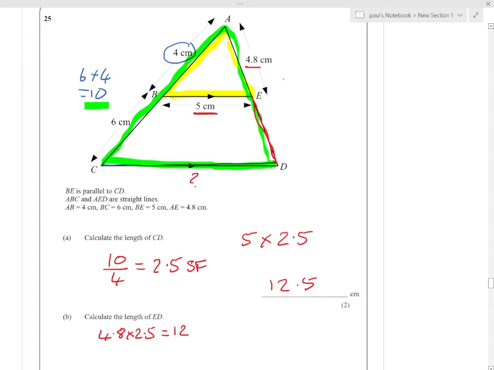So that means that the whole of that length is 12. Now to find ED, we just do 12 take away 4.8, which is 7.2.